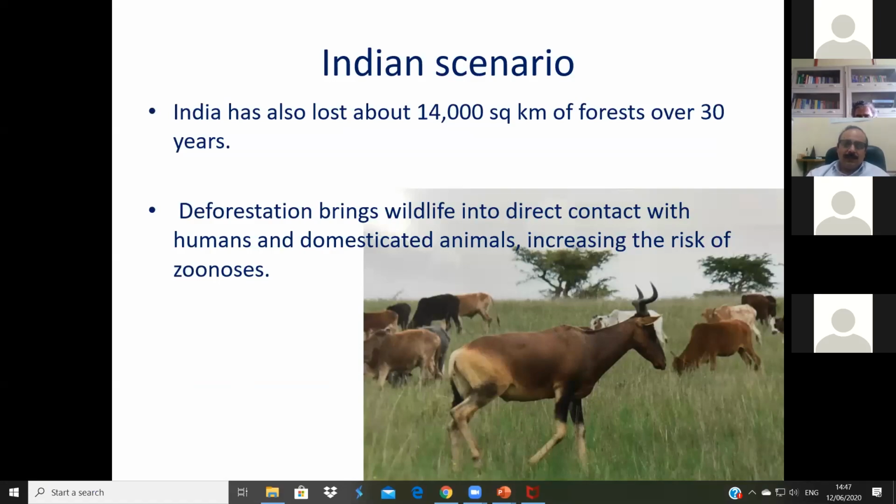In this photograph, you see the livestock grazing along with wildlife. So any disease from the wild can go to our livestock, and ultimately it can come back to human beings. We are performing a study on zoonotic TB at the animal, human, and wildlife interface in Wardha district and the adjoining district, and maybe after one year the results will be out.